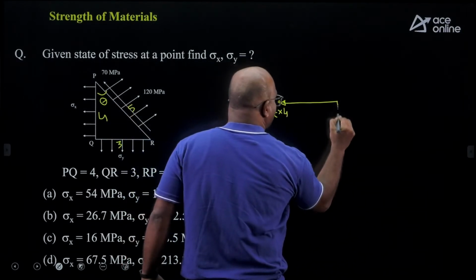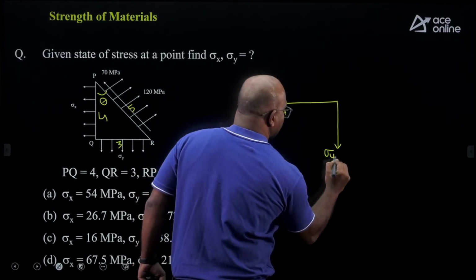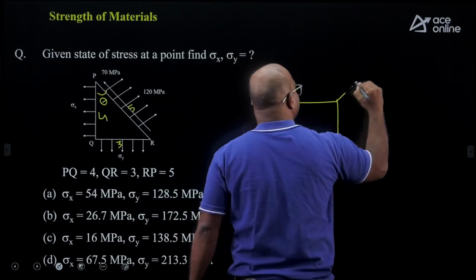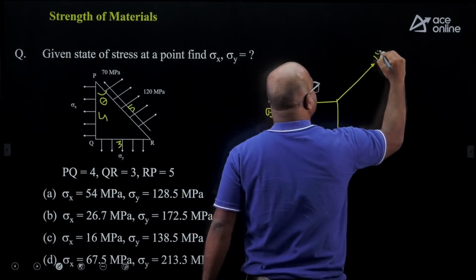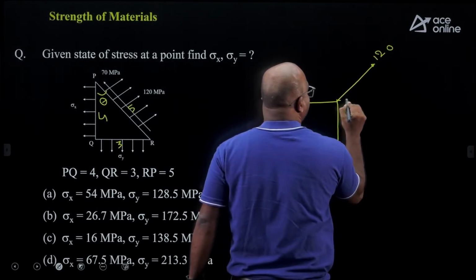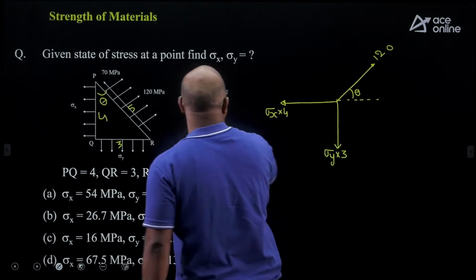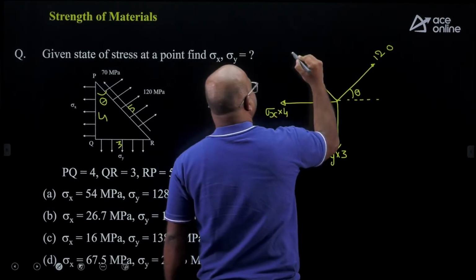Next, downward, sigma y into 3. Next, this side we are having 120, which is making an angle of theta. If this is theta, this angle also will be theta. Next we are having 70.